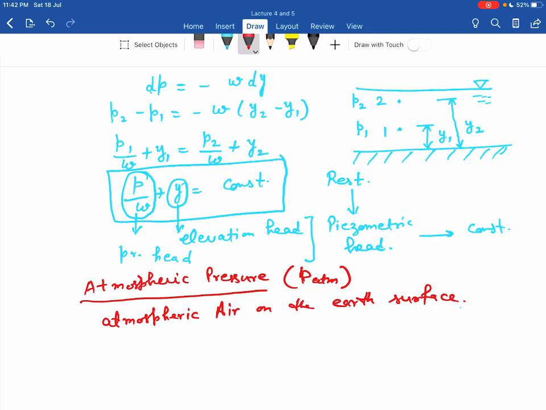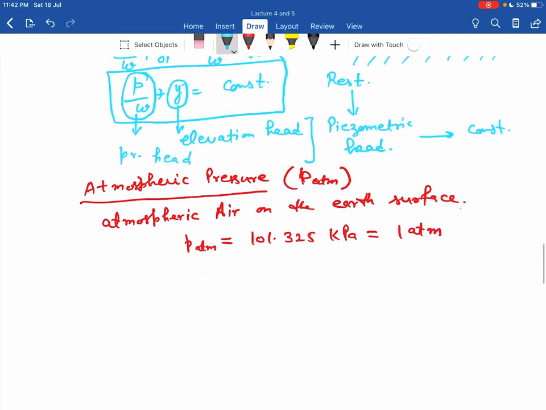Its standard value is 101.325 kilopascal, or it is also called 1 atmospheric pressure. Another pressure we have is the gauge pressure.